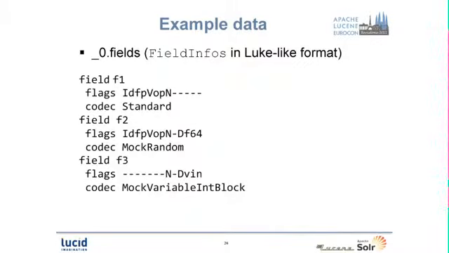The information about fields. If you ever used Luke, you will recognize this extended format for the flags. Basically, it says, okay, this field is indexed with documents, frequencies, and postings. It has term vectors with offsets and positions.